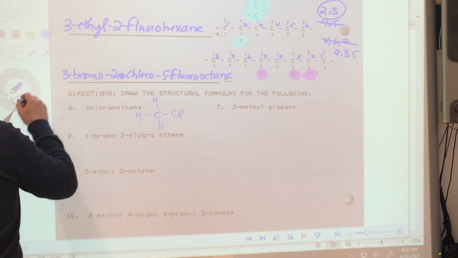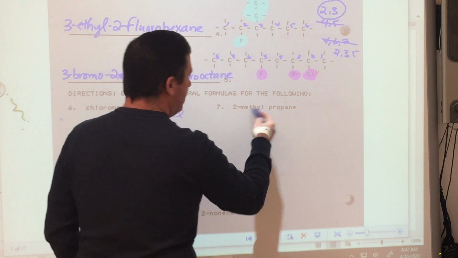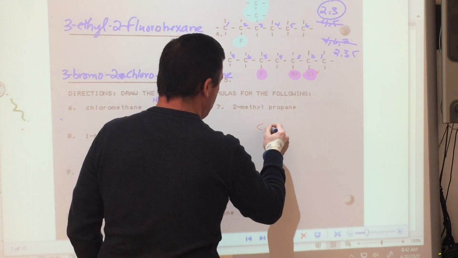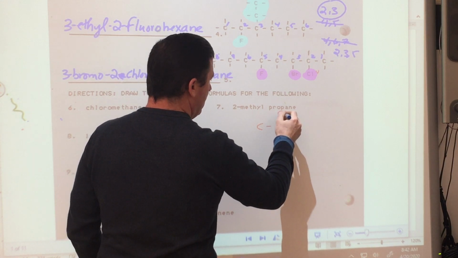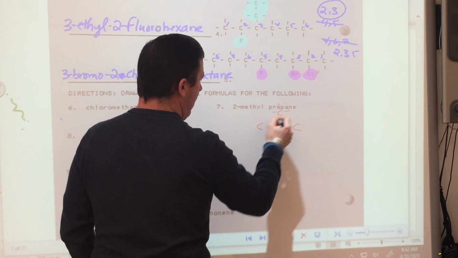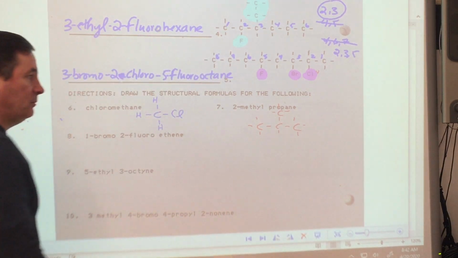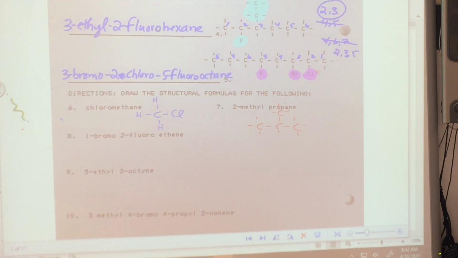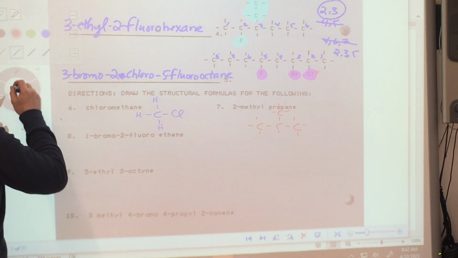Number 7, let's change colors. 2-methylpropane. Prop is 3, 1, 2, 3, and 2-methyl means I've got a carbon sticking off of that one. Okay? Pretty straightforward. Should be a dash here. Let's change colors.